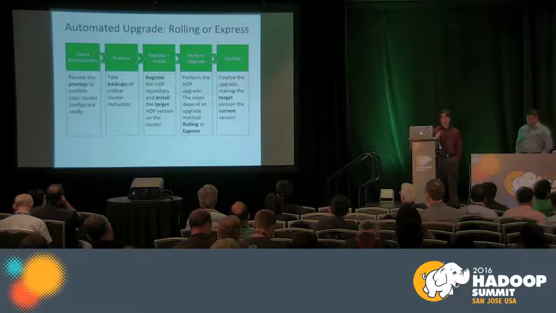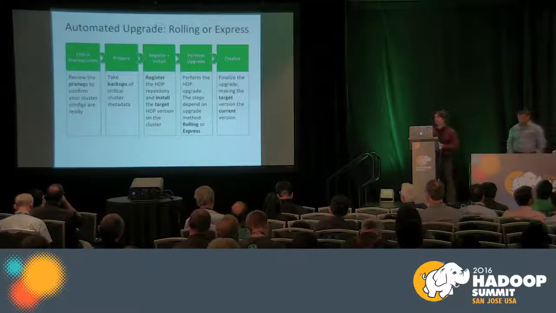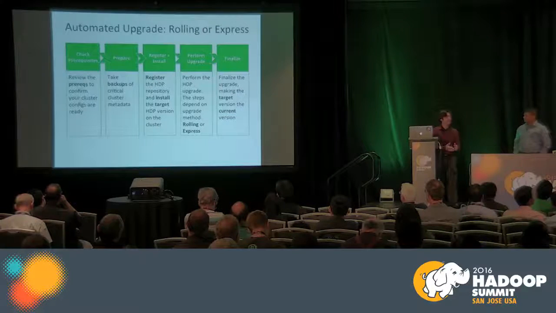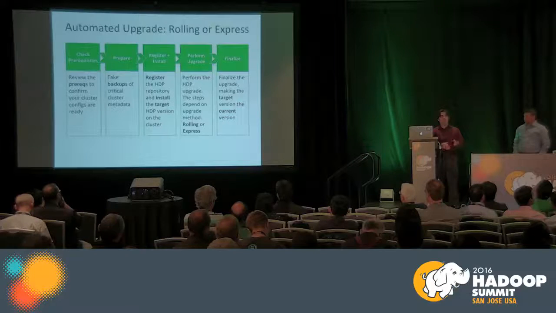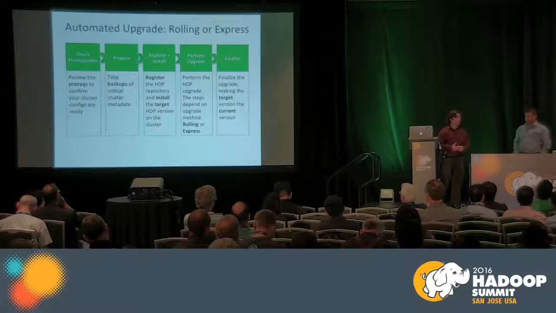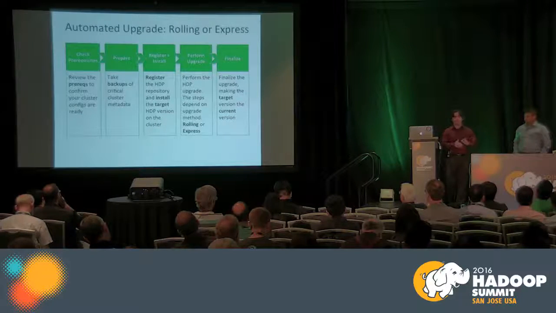The upgrade is actually very safe and robust, and so the orchestration performs several checks. So let's say after 30% of core slaves have been upgraded, you want to check that the cluster can still run jobs. And so we prompt you whether you want to continue. If for whatever reason you do encounter an error, you always have the option to either retry or downgrade in the worst case scenario.